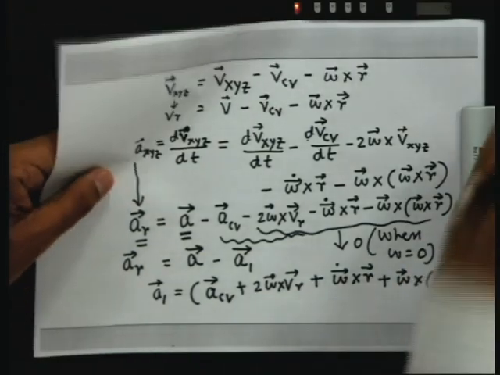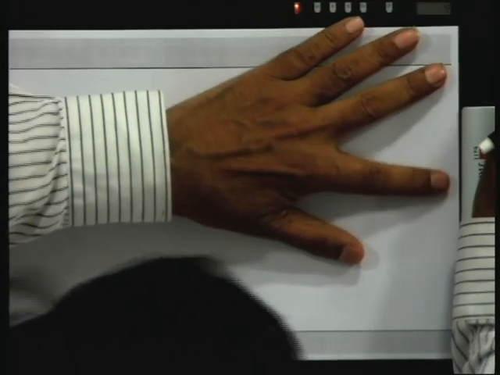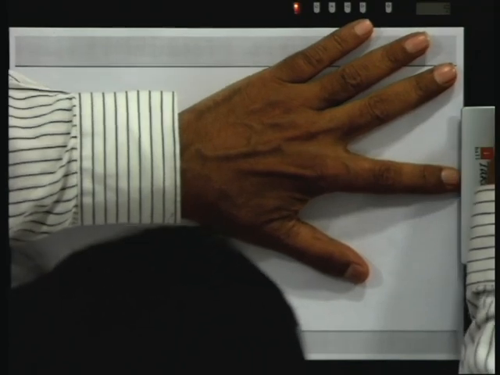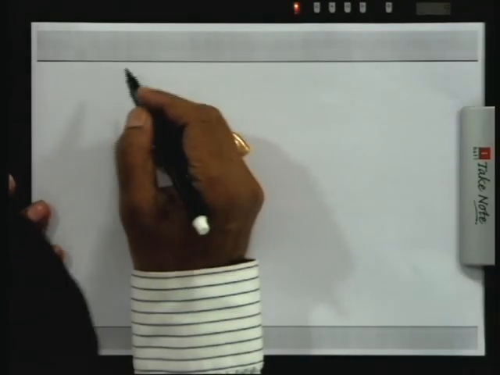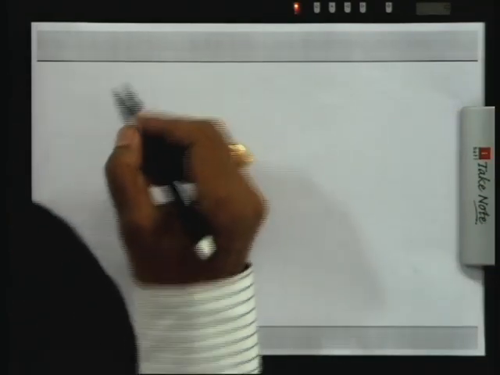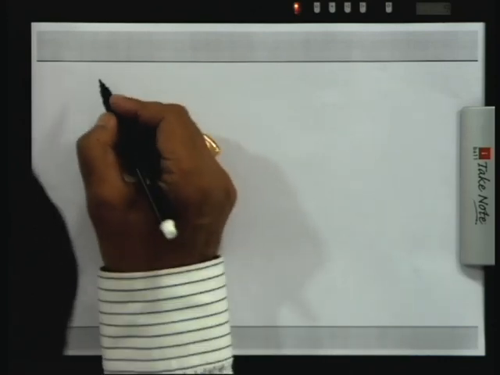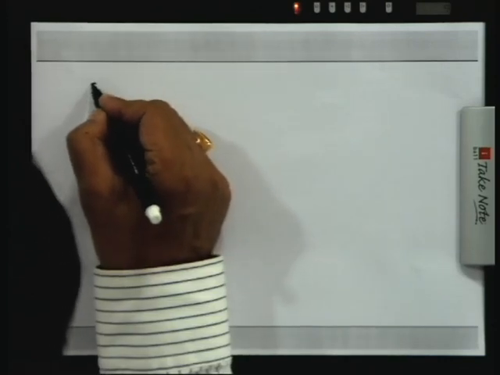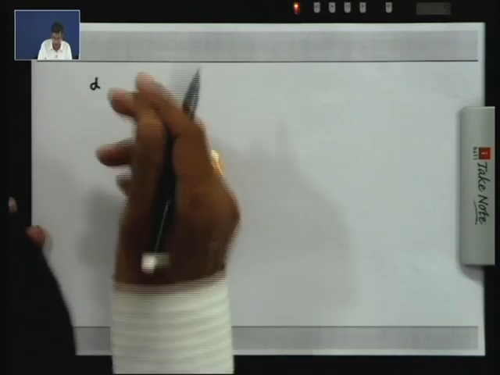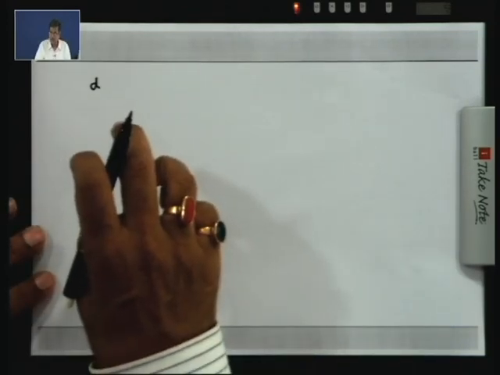Now if we substitute this in the term, we replace it in the angular momentum equation, the term d dt with respect to the axis which is rotating.